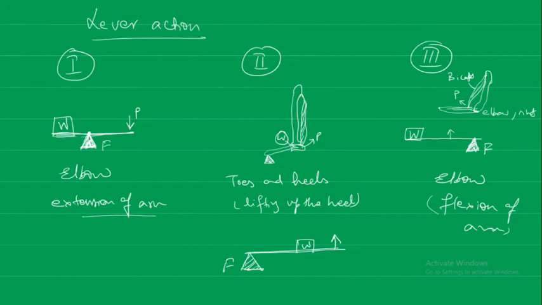Because if you directly lift a weight versus if you use a lever mechanism to lift the weight, the lever mechanism makes the job much easier. So the human body utilizes that lever mechanism in order to get some of the work done easily. So in this way we have the different kinds of muscles and the different lever mechanisms that are used by the human skeleton.